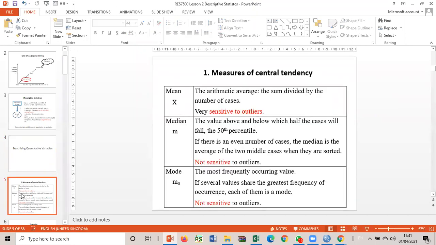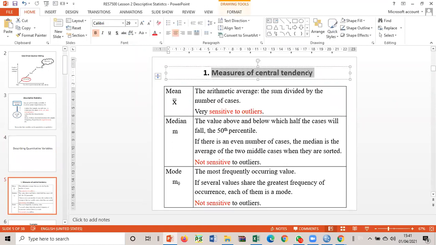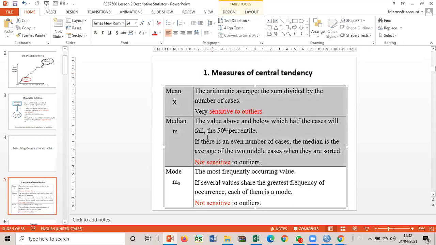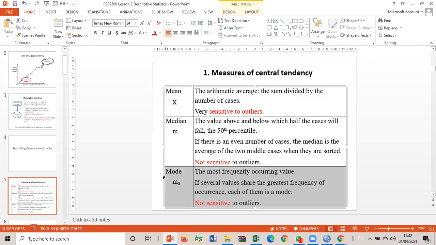To describe quantitative variables, we have measures of central tendency, meaning where is the data centered? Example, marks. Where are the marks centered? There are three measures of central tendency. We'll go through only the first two, not so much the last one.